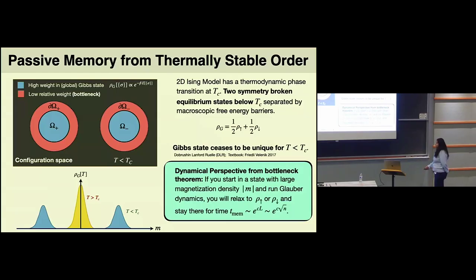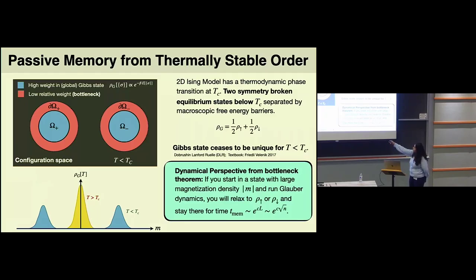This tries to quantify exactly what I just said intuitively, which is that if you start in a state which is mostly up, you'll quickly relax to rho up and stay there for a very, very long period of time. One way to understand that is to look at the global Gibbs state, rho Gibbs, and ask whether it has this structure where the Gibbs state has dominant weight on two components in configuration space, two subsets which I'm calling omega up and omega down.